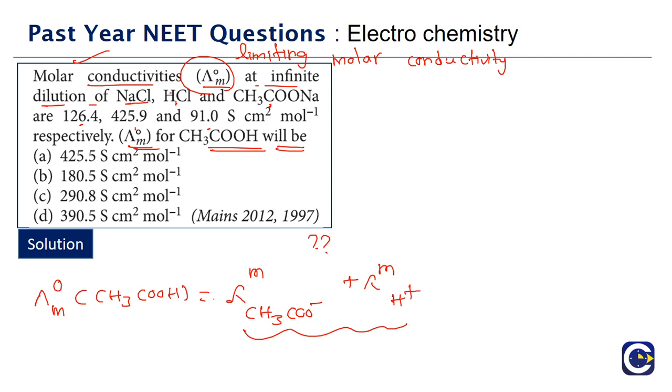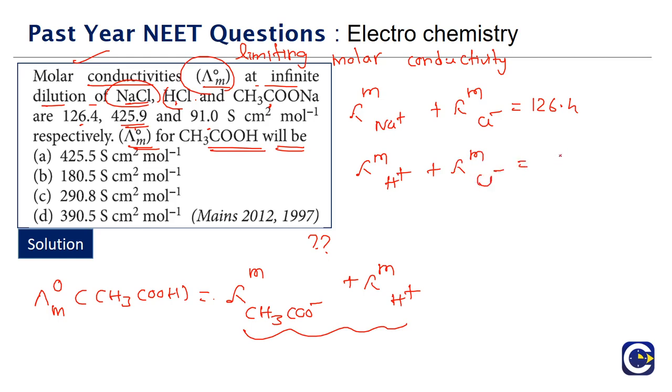Look at this, what is given? The limiting molar conductivity of NaCl means the molar conductivity of Na plus plus the molar conductivity of Cl minus. That sum is given as 126.4. Then the limiting molar conductivity of HCl is given as 425.9, which means the molar conductivity of H plus and the molar conductivity of Cl minus is 425.9.